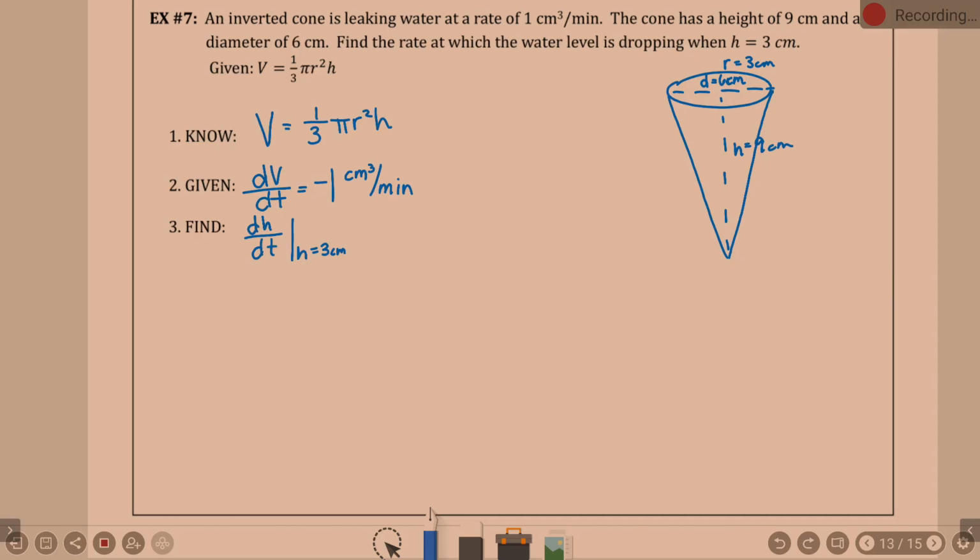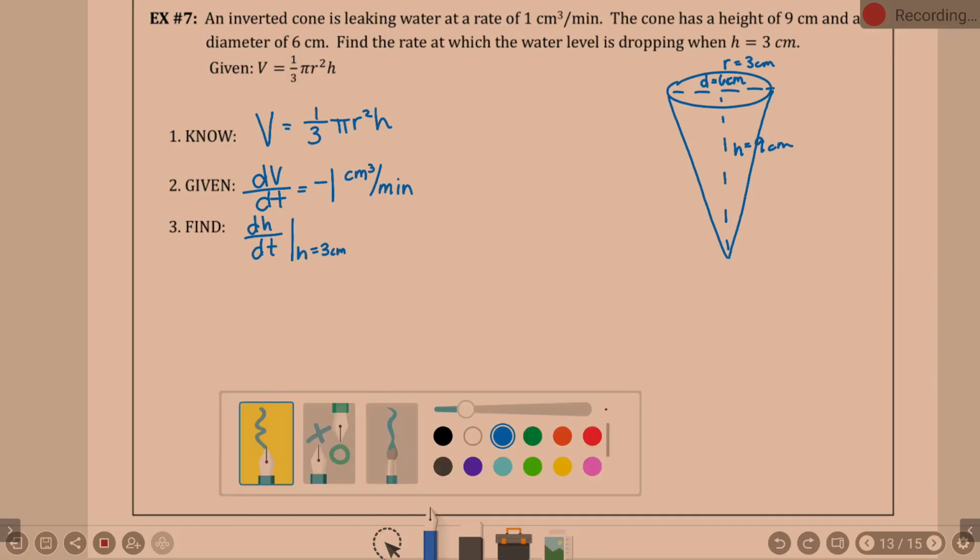Now, before we go any farther, we have an issue. Okay? We've gotten all the information we can from the stem of the problem. We've got our formula. We know dV dt. We're being asked to find dH dt when H equals 3. We have an issue.